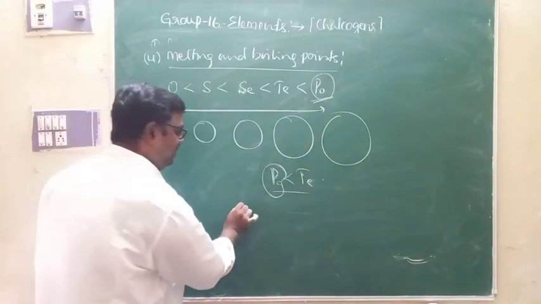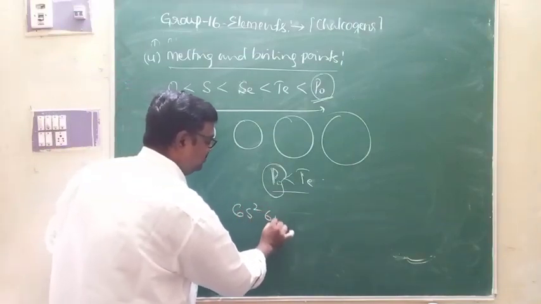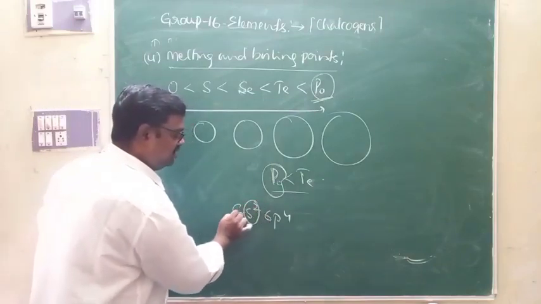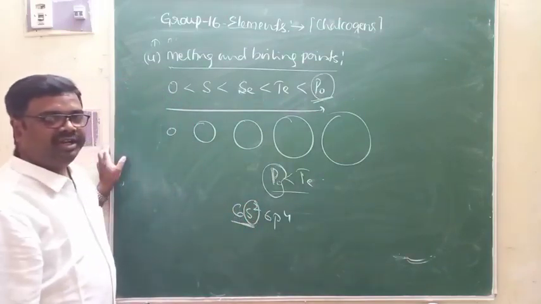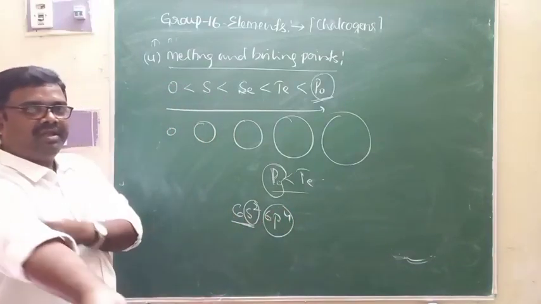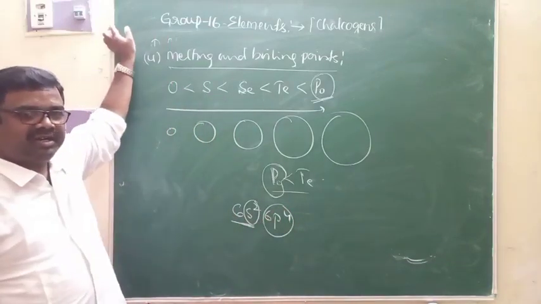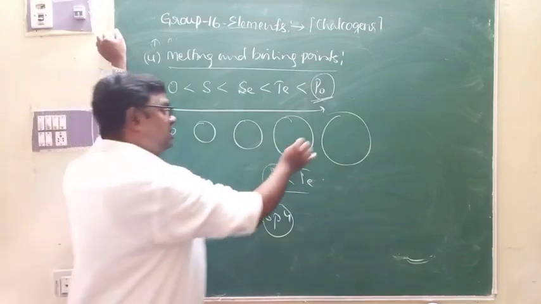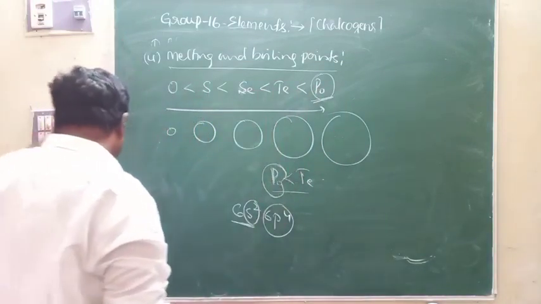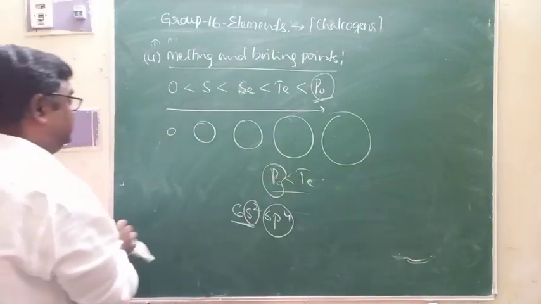In the case of polonium, we have 6s2 6p4 electrons in the valence shell. These two electrons do not take part in bonding due to inert pair effect. Only 4 electrons will take part in bonding. Because of that, force of attraction decreases, and therefore the melting and boiling points of polonium are less than tellurium. So that is the general trend there.